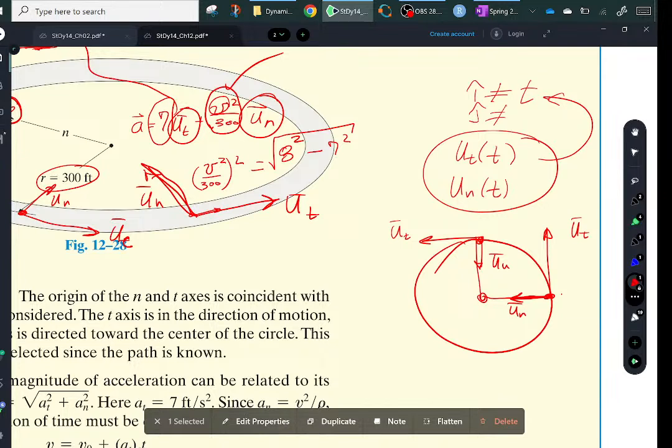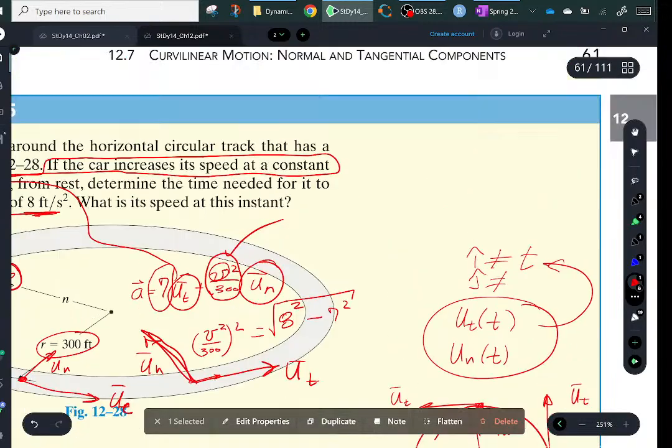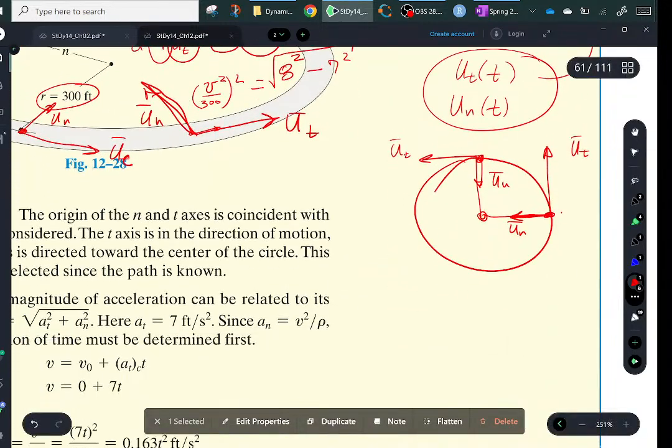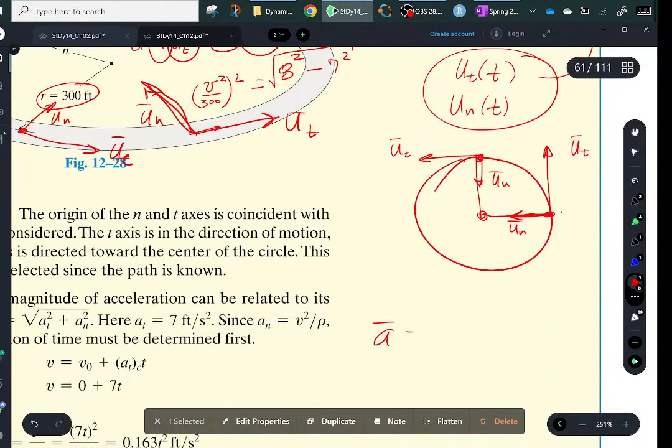This is a weird thing. I've done this before on a test. Now I'm not doing it because I'm not giving you those things, but I've done this where I've made you go through and get it. Say your acceleration is equal to, just making stuff up, 2 ut plus 4 un.